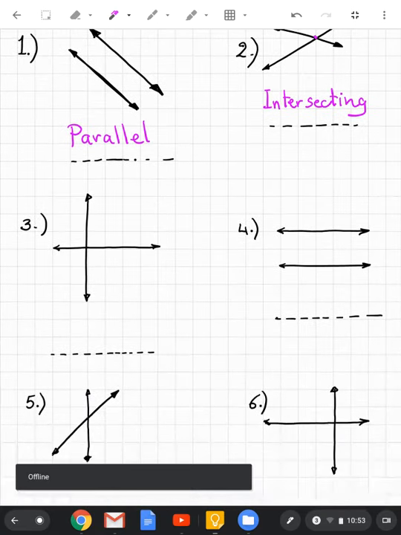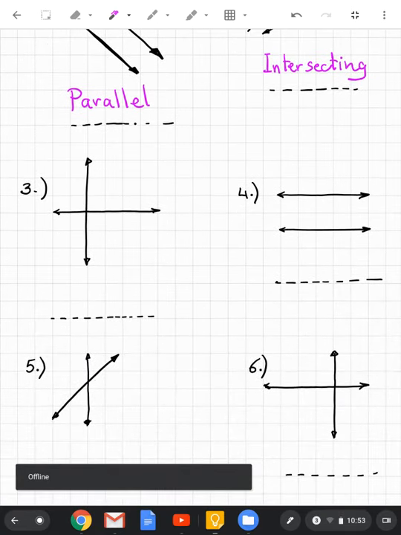Number 3, the two lines are cutting each other in one point, and they are making a square corner. What do we call them? We call them perpendicular lines. They cut each other to make a square corner.